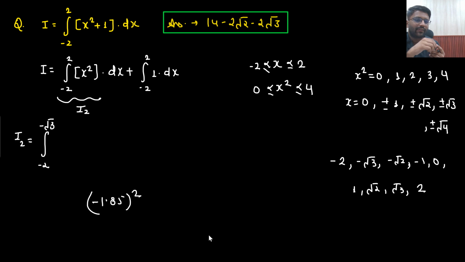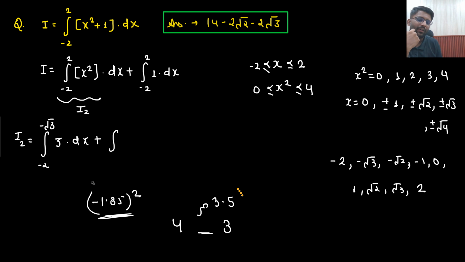What will be minus 1.85 whole square? At minus 2 it will be 4, and at minus under root 3 it will be 3, so this value will be somewhere between 4 and 3, roughly around 3.5. So which will be the lesser integer? That would be 3.